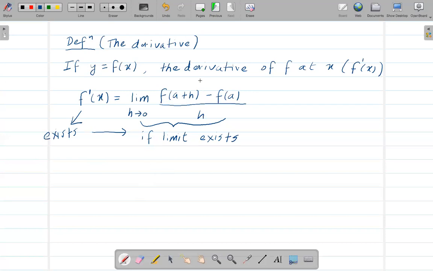Okay, so now let's do an example. The example here is f of x equals 2 minus 3x squared.